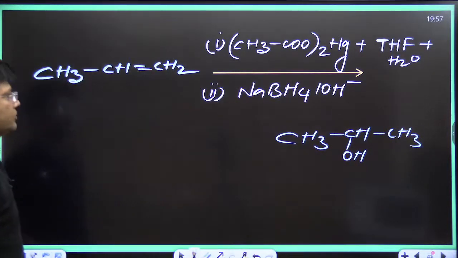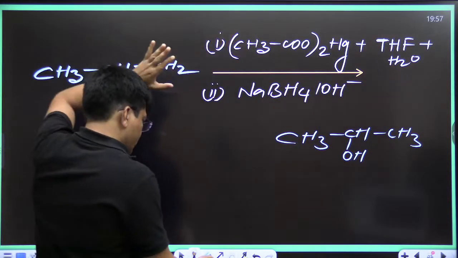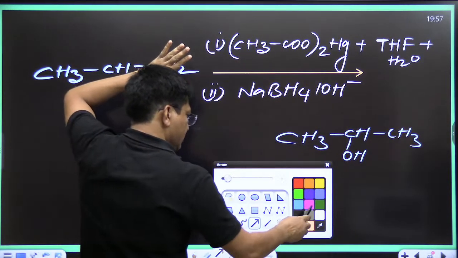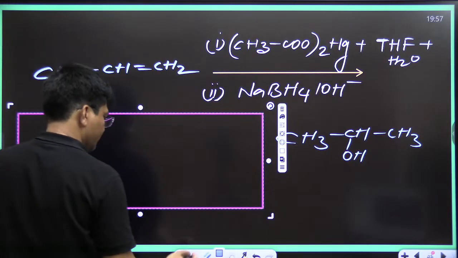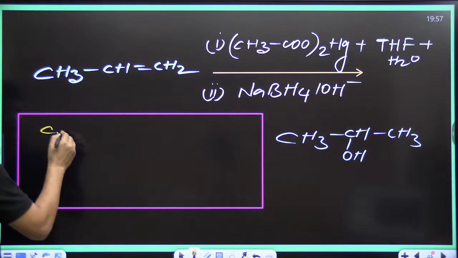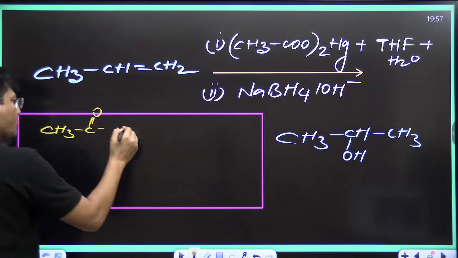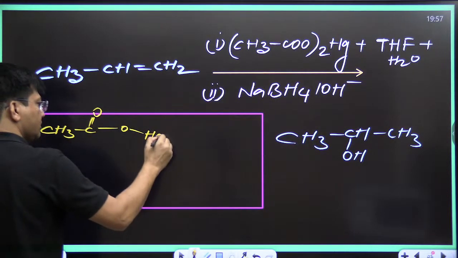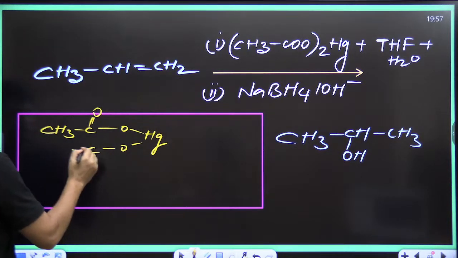Now, my dear friends, this is mercuric acetate, and in your examination, this mercuric acetate can be given in how many ways? That is the most important point. This mercuric acetate is like this: CH3, C double bond O, O, Hg, O, C double bond O, CH3.